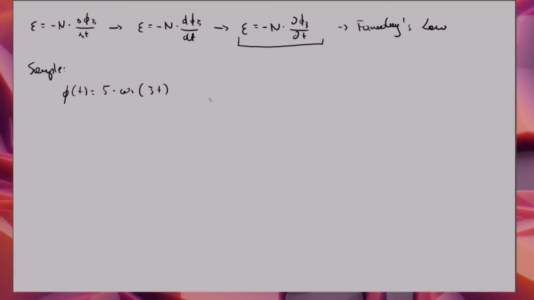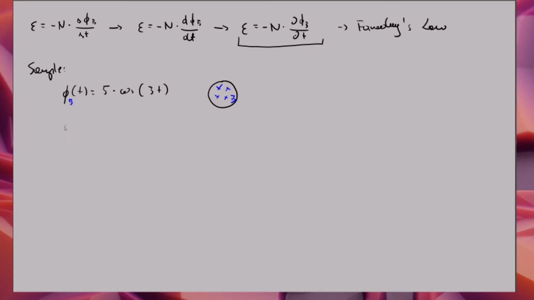So the flux through a loop varies at this rate, and I have some kind of loop here, and a magnetic field B that points inside this loop, and somehow the flux of this magnetic field B varies with time. The question is, find the expression for the EMF induced in this loop.